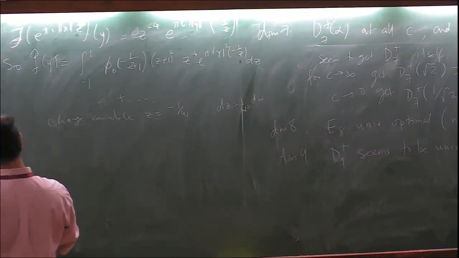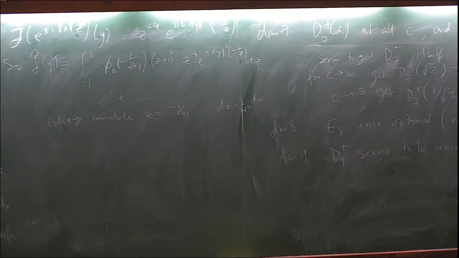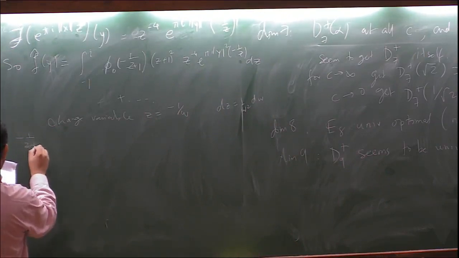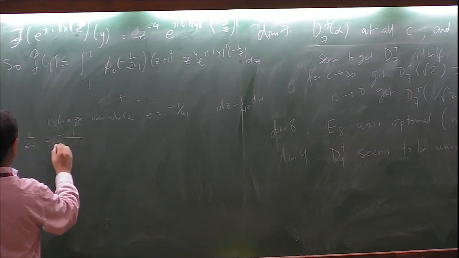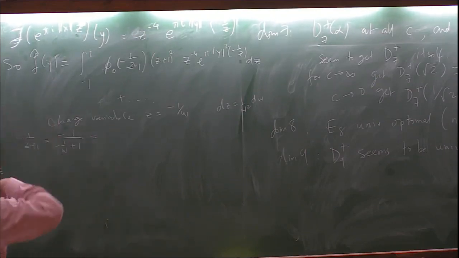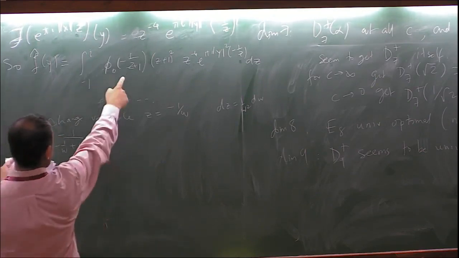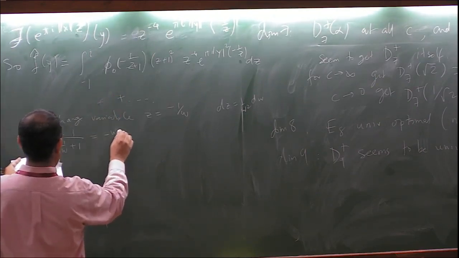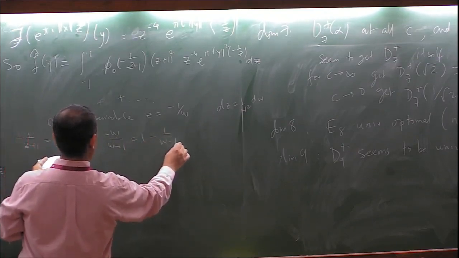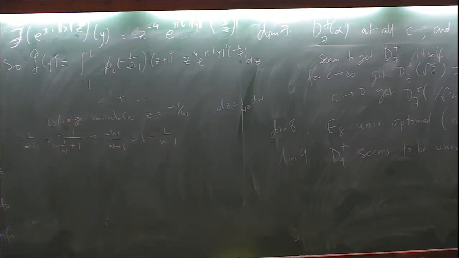So what you get is the following thing. So let me just say, so what is minus 1 over z plus 1 is minus 1 over w plus 1, which is, I'm just computing the first term out. This is minus w over w plus 1, which is 1 minus 1 over w minus 1. Okay? You can compute that out.